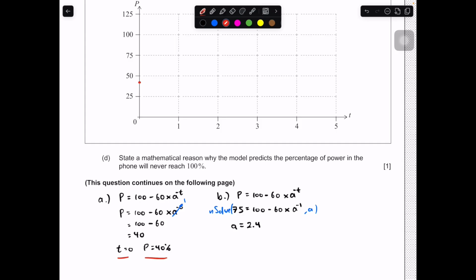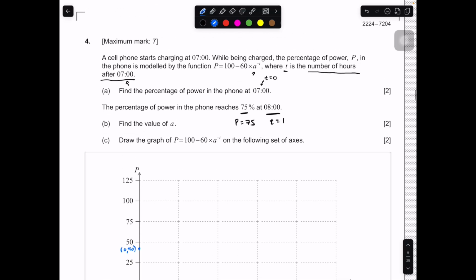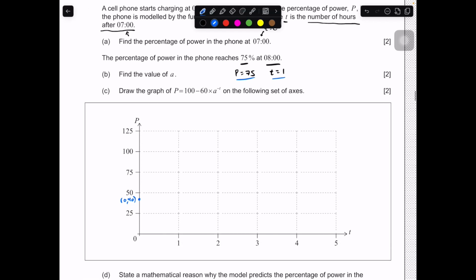We know this point. I'm going to write it out in blue. This is 0 and 40. We also know that when t is equal to 1, p is equal to 75. So we have another point.